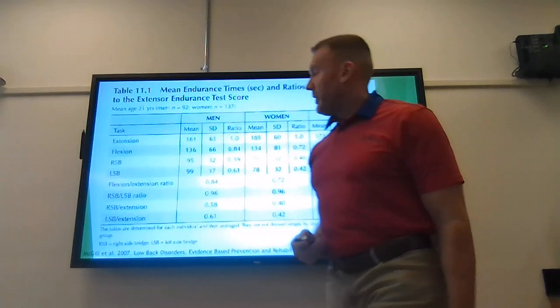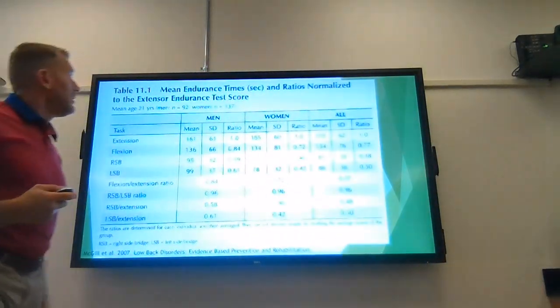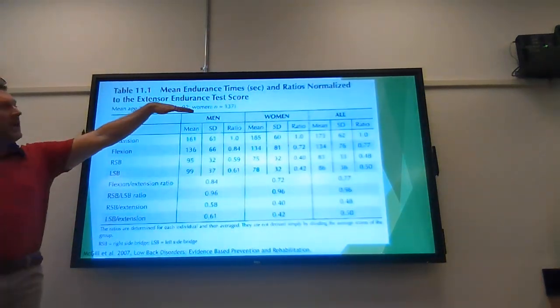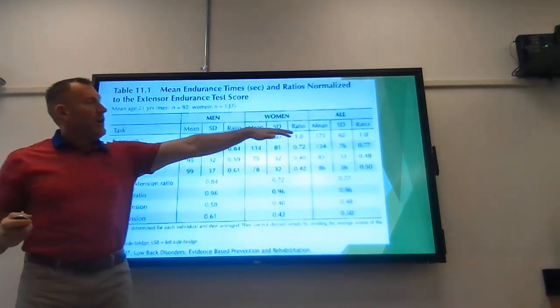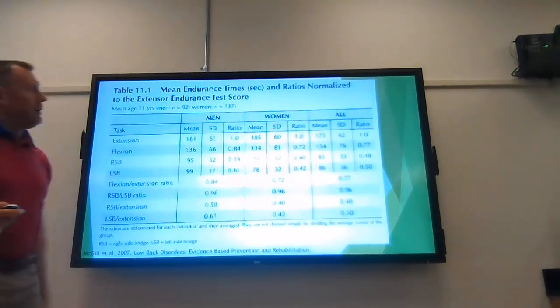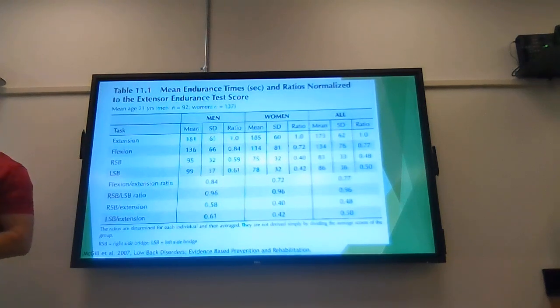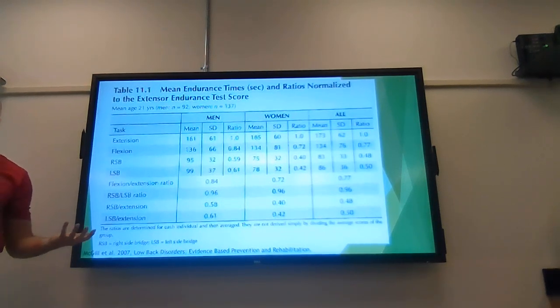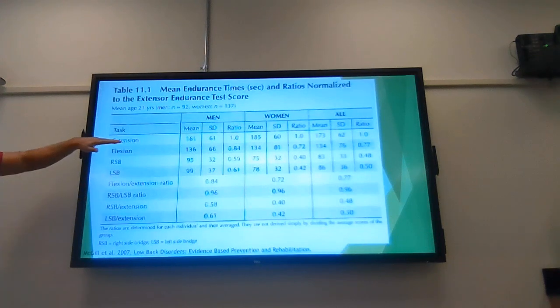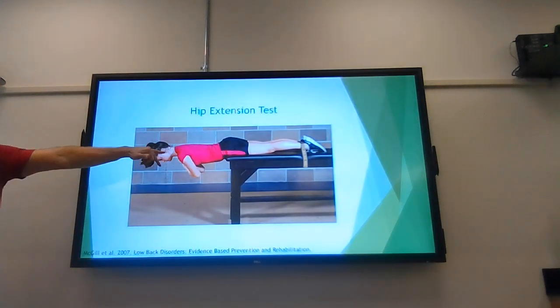So here are some normative values from McGill's book. So you're looking at men versus women, and then everybody together. So endurance scores. So you think about this on yourself. Healthy college individuals a lot of times don't have difficulty with this, but then you think in a clinical setting, and you're talking about some deficits there. So the extension test, so that's this one right here.